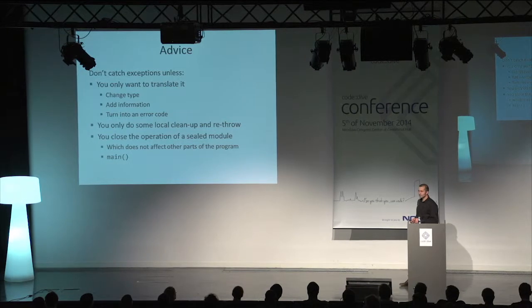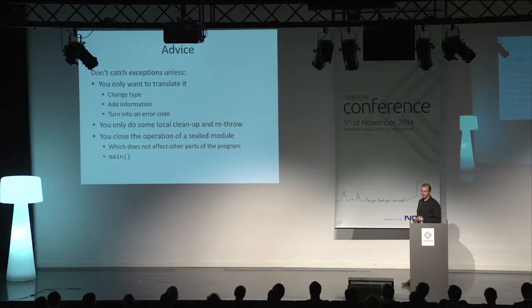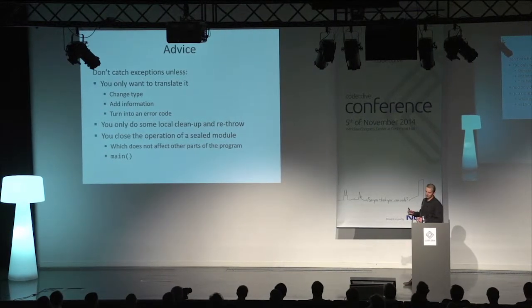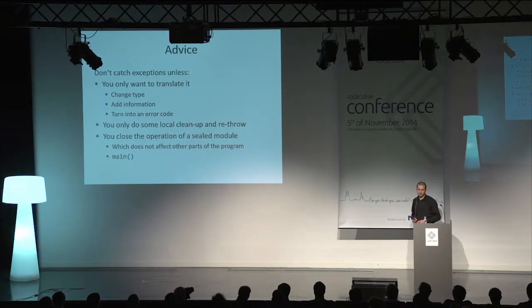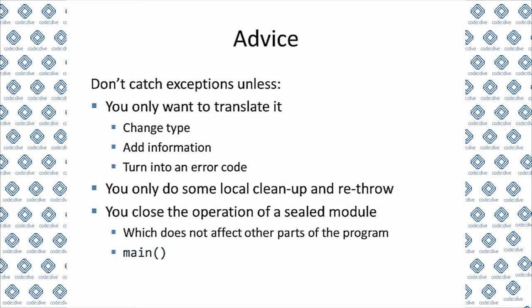Well, I'm not fanatic about this. There are some valid reasons to catch exceptions. But there are scarcely any places, at least you will find two or three in the application, where it really makes sense to stop stack unwinding. This is only where you are able to identify a module that is fairly sealed and doesn't affect other modules, where you can abandon part of the computation, just eject it, and proceed to normal proceedings.